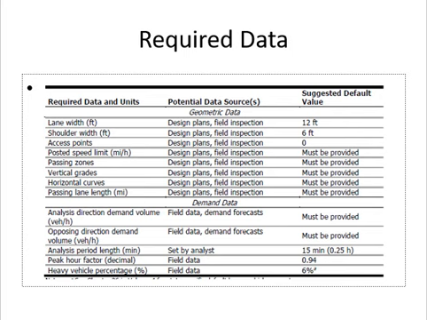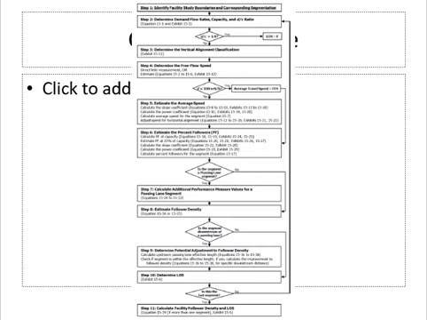You can get it from the field, from the design plan and so forth. This is the whole procedure. You can see it has 11 steps from the start to the end to find out the level of service. It's not so clear, sorry for that, but we will go through it.